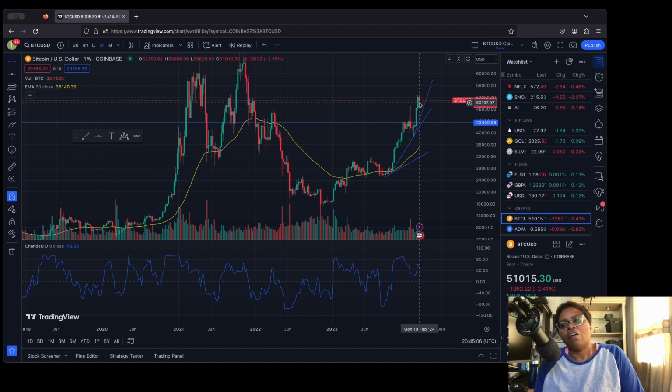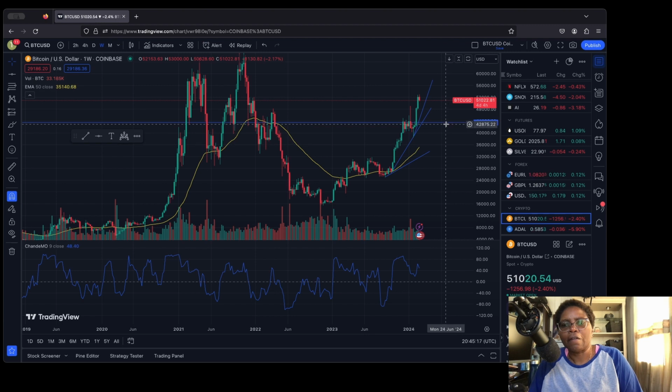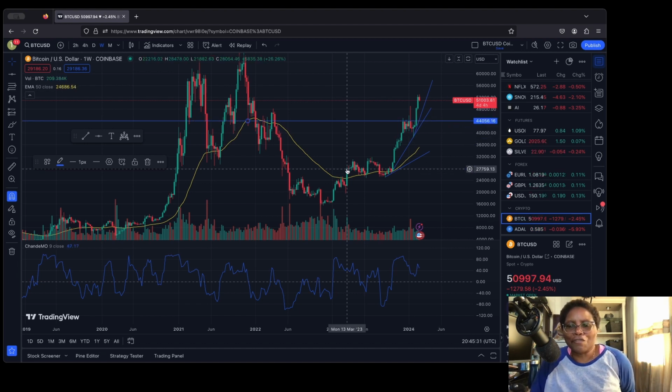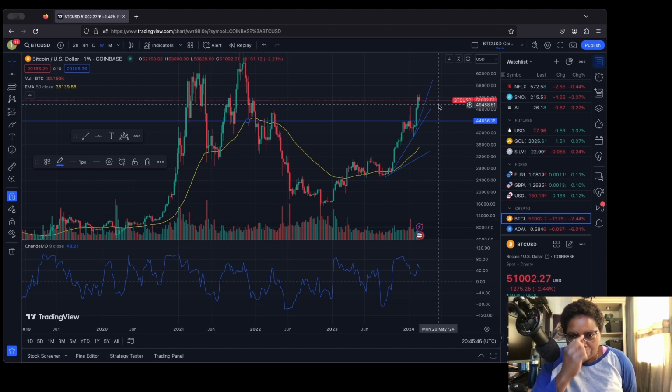Conceivably, I now have cash, so I might want to buy back in, put in a limit order around here, around 44, 43, because, and this isn't financial advice, conceivably I could see it coming down here before it bounces back up. But that's just one option. That's just one thing that could happen.